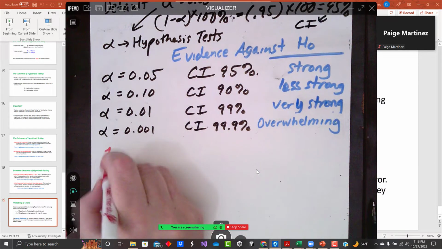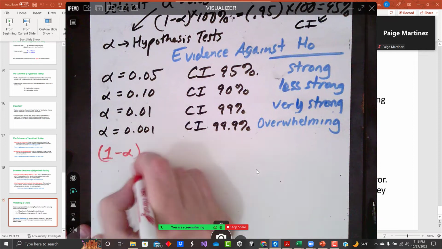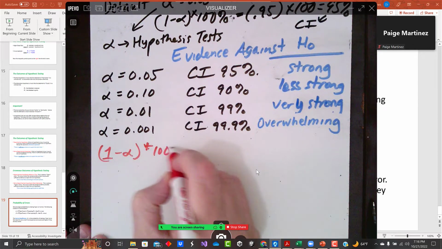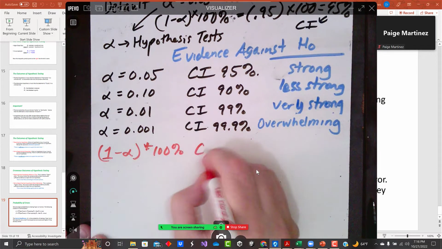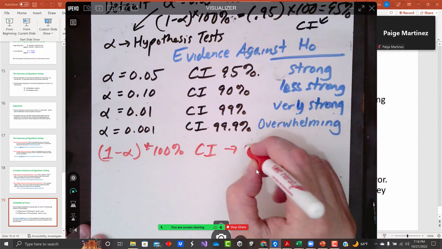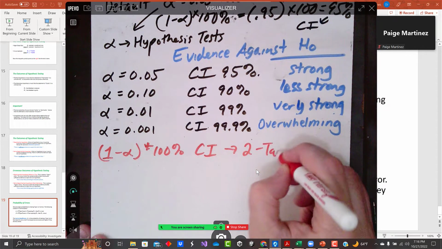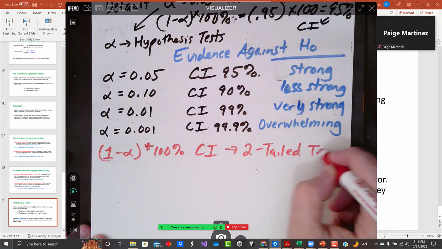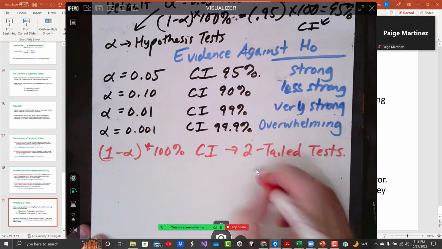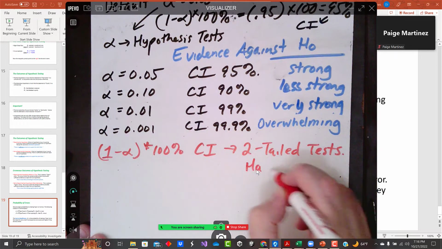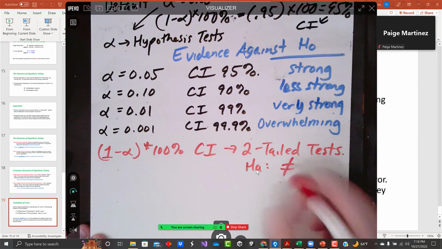This 1 minus alpha times 100% confidence interval is for the two-tailed tests, where HA has the parameter that is not equal to.